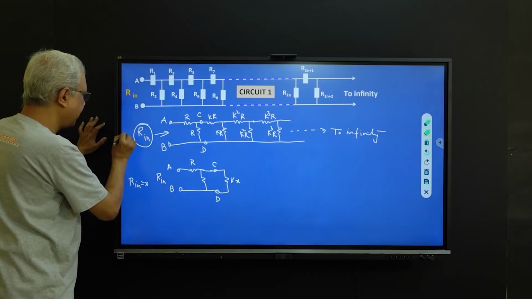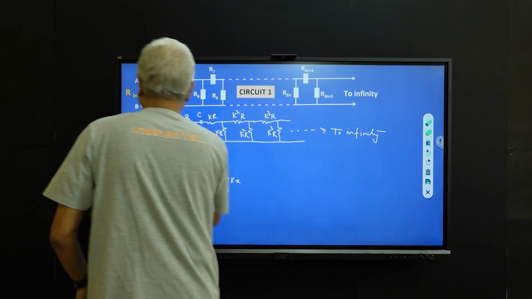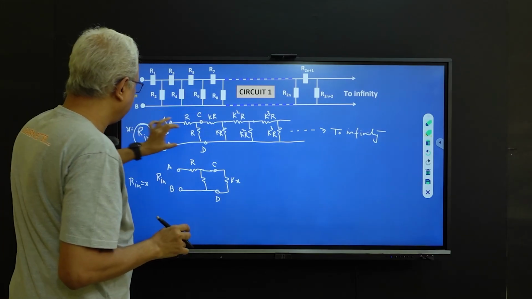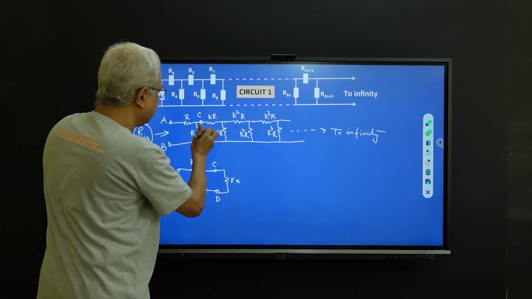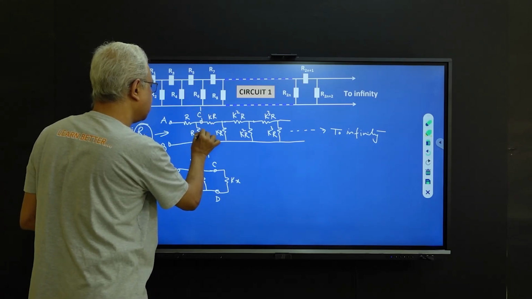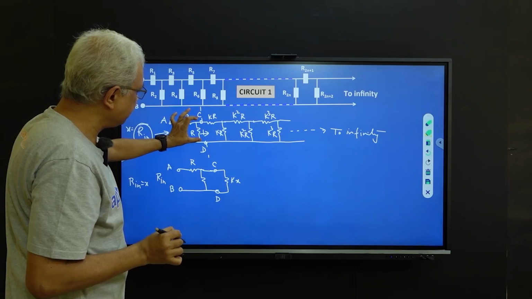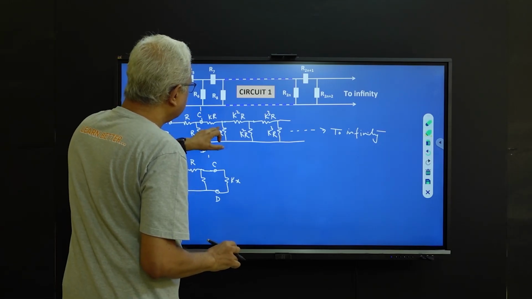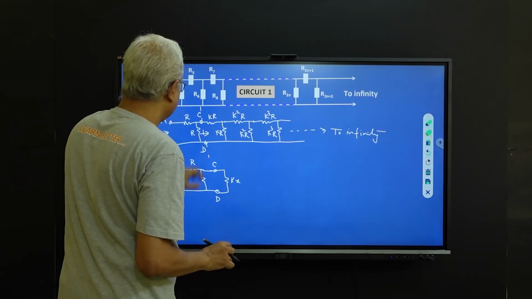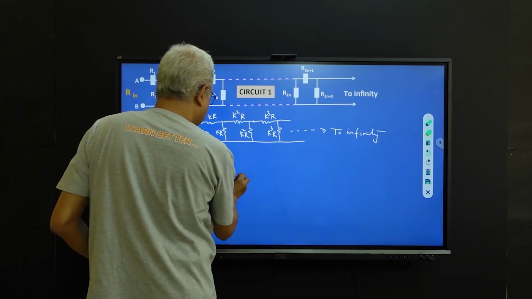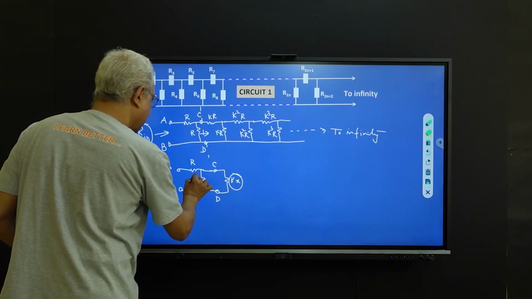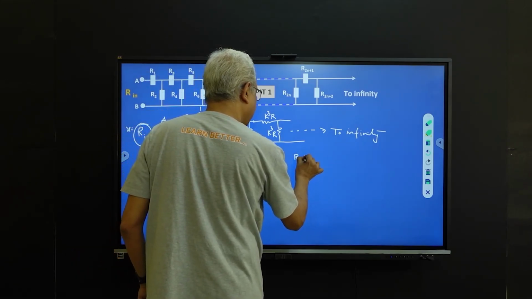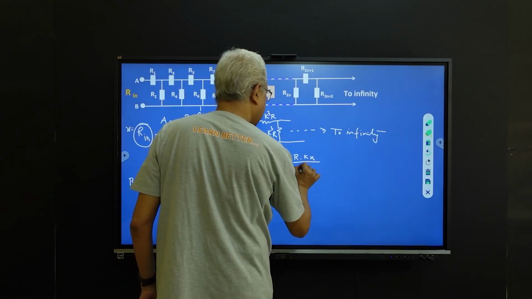Because if X is the equivalent resistance between points A and B in this circuit, then between C and D, if we look at the circuit from this cross section towards this direction, the equivalent resistance between C and D will be definitely K times X. Because in this circuit, all the resistance values are multiplied by the number K. So this is Kx, and this is R. So I can write the equivalent resistance between R and Kx as R into Kx by R plus Kx.